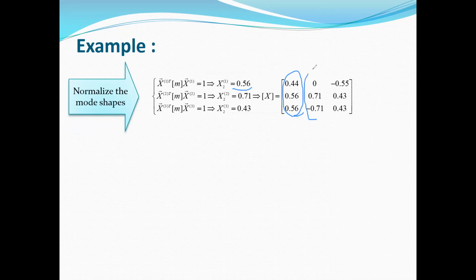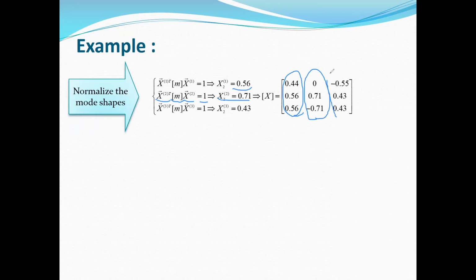For the second column, you will do the same with the second mode shape. As you can see, the second mode shape transpose multiplied by matrix M multiplied by the second mode shape must be equal to 1. From this equation, you can obtain that x2 for the second mode shape is 0.71, and you can extract the second column.